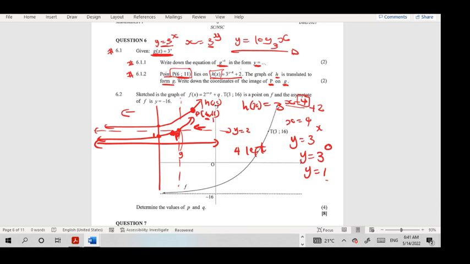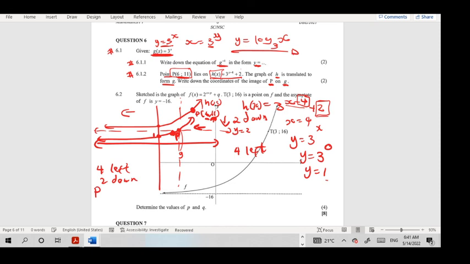And for the y value, because the initial y value is 11 and the translation here is 2 units, we must go 2 units down to reach this point P. So basically it's 4 units left, 2 units down.